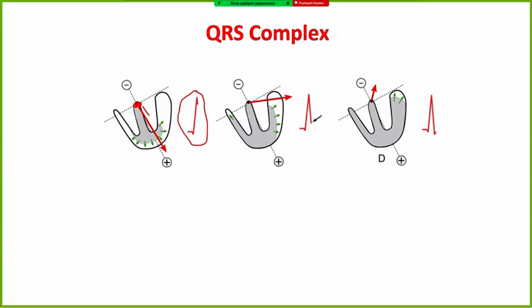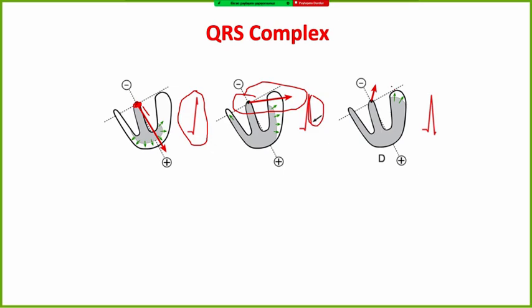However, the depolarization of the ventricular walls produces a net vector that is away from the positive electrode. So therefore we see a negative wave.